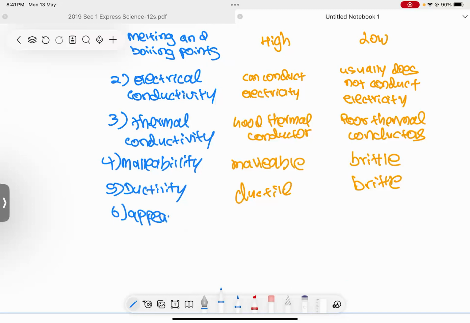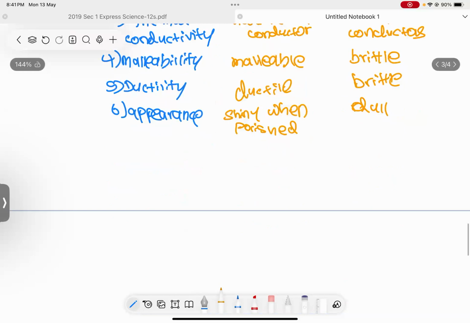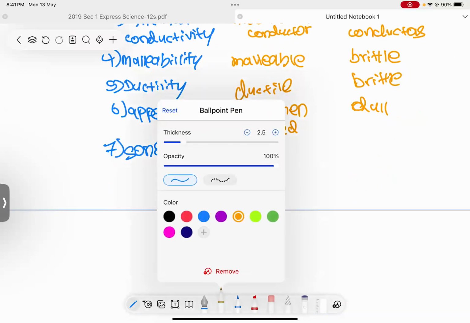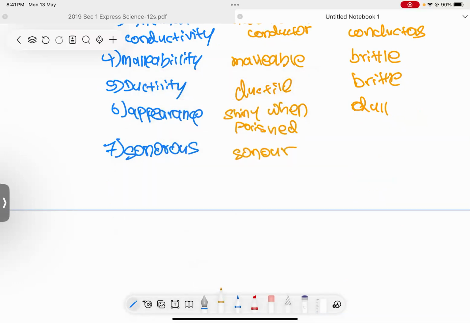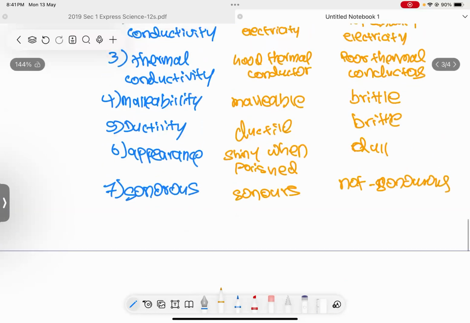Metals are shiny when polished, while non-metals are dull. Number 7, we have sonorous. Metals are sonorous, non-metals are not sonorous. Okay. So these are the 7 differences between metals and non-metals that are usually asked in examinations.